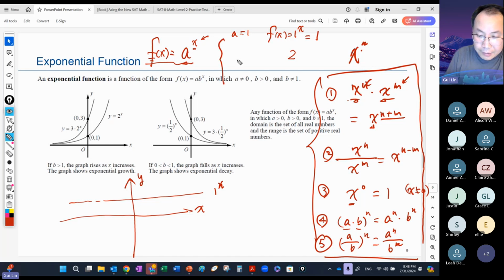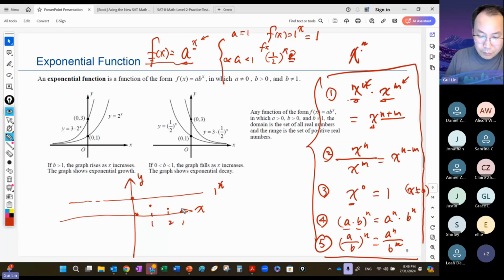So when A is between 0 and 1, we give an example: a half. f(x) equals half to the power x. You can see when x equals 0, it will be 1. When x equals 1, it is half. When x equals 2, it is 1/4.